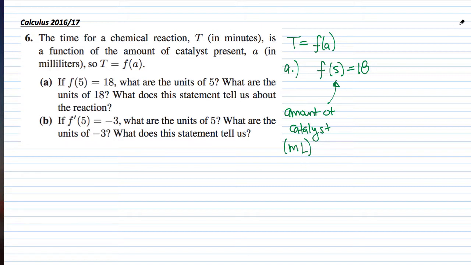Let's actually use the highlighter again. So the 18, however, is my T. So this is the time for my reaction, and that should be measured in minutes. Now, what does this tell us about the reaction?